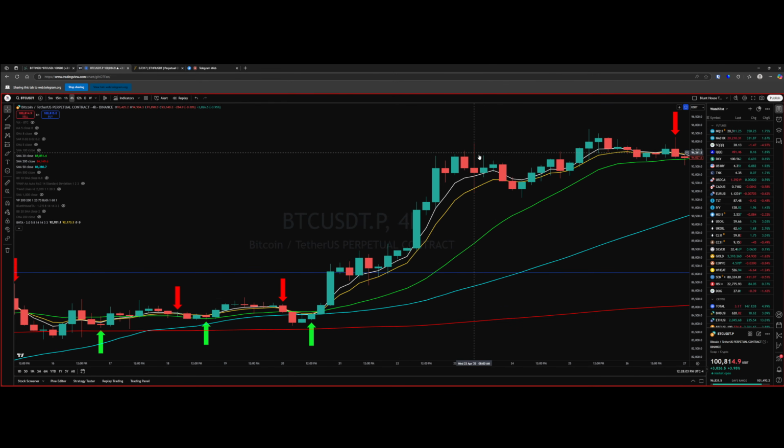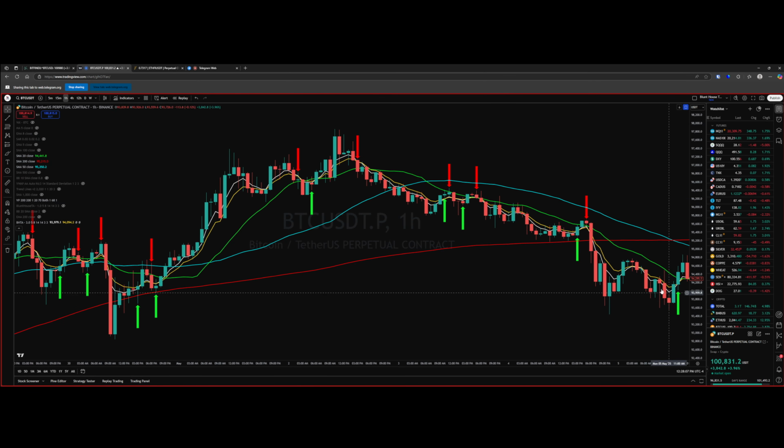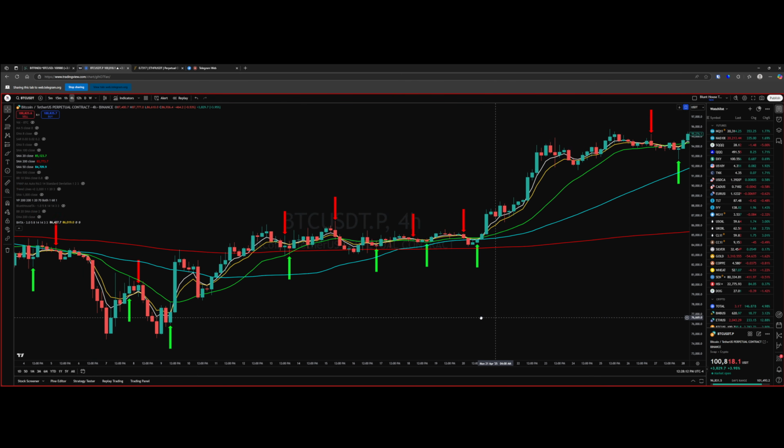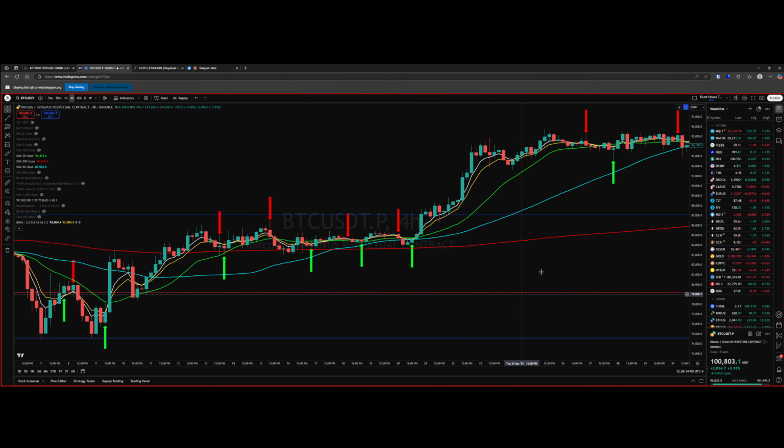Even on the retrace, which would have looked substantially different on the 1 hour, right? But on the 4 hour, even on the retrace, it holds.